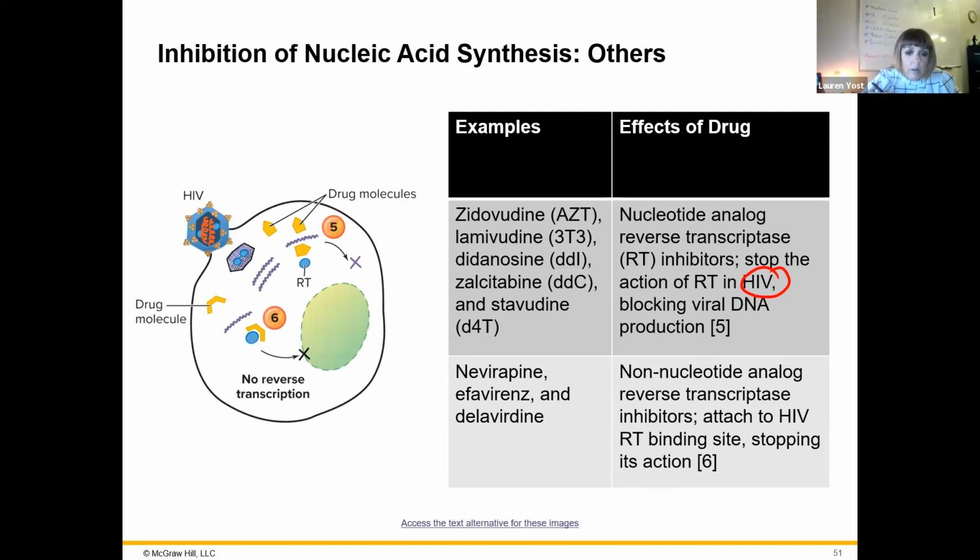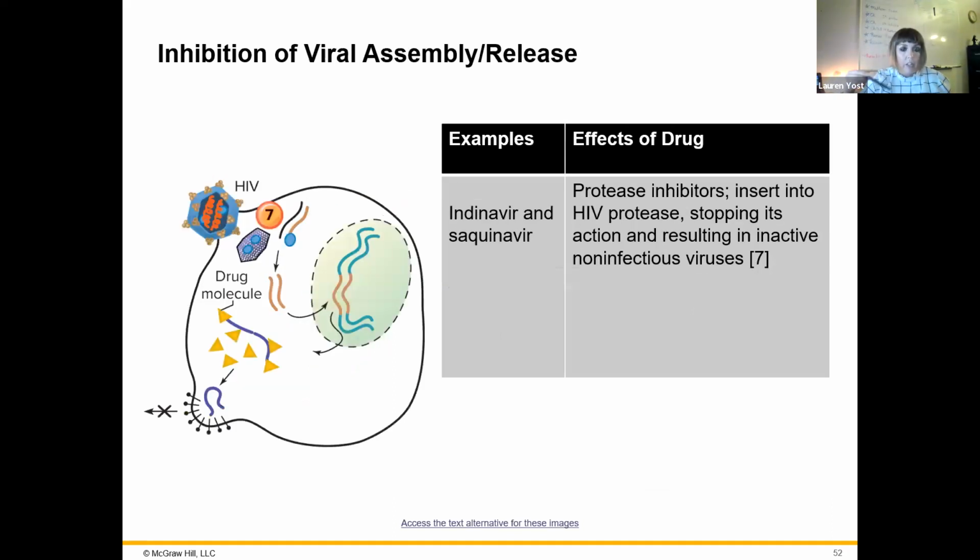Unfortunately, these guys do mutate quite quickly. Then we have another non-nucleotide analog, reverse transcriptase inhibitor, preventing that reverse transcriptase from making the DNA from the RNA so that it can't actually do that part and allow for the HIV to insert itself into our genomes.